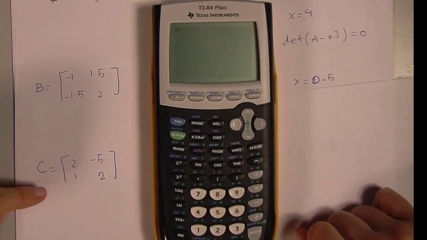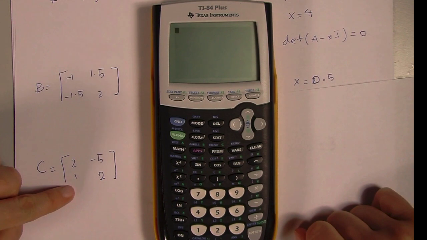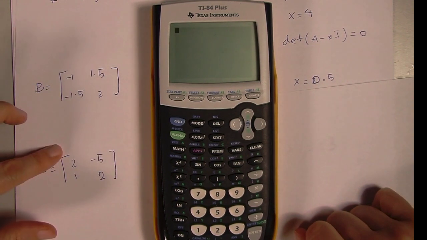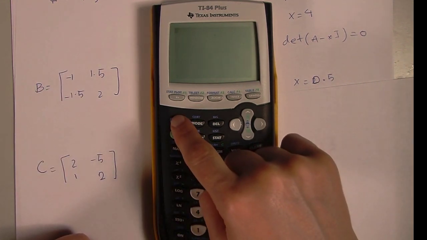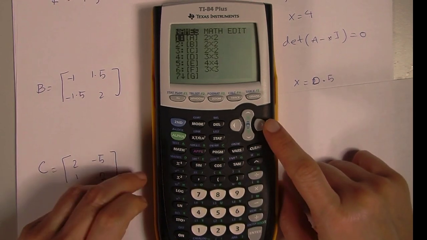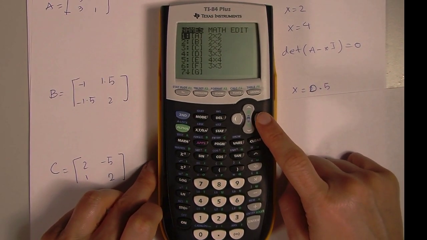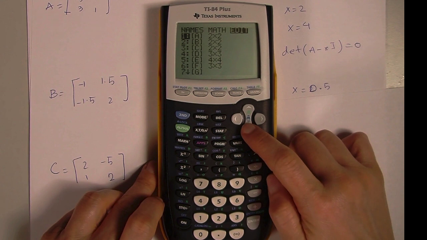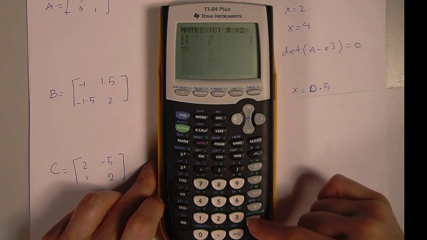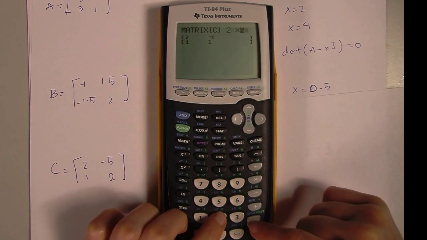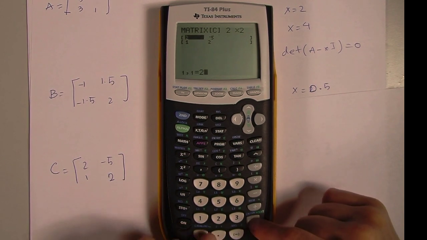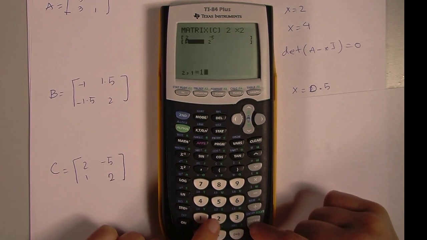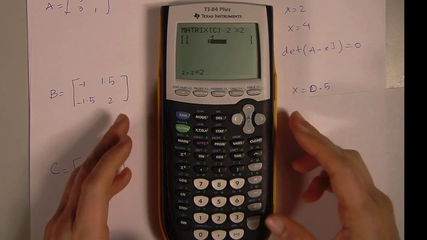So let's do the last example. C equal to this matrix. Going back to the matrix environment, edit, and I'm editing C, 2 by 2, 2, negative 5, 1, and 2.